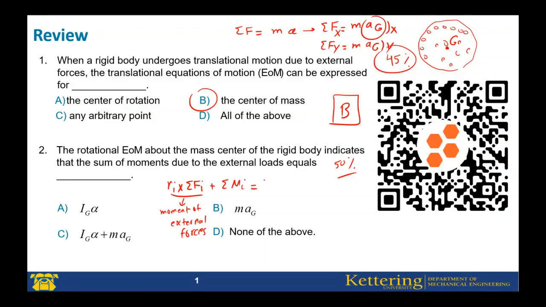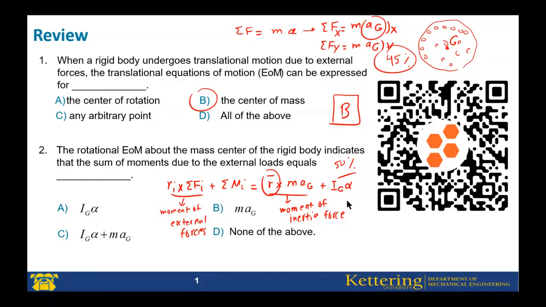This is equal to r bar, which is the moment of the inertial force, measured from the center of the mass, also plus I_G alpha, because of the torsion or the torque, because of the rotation.